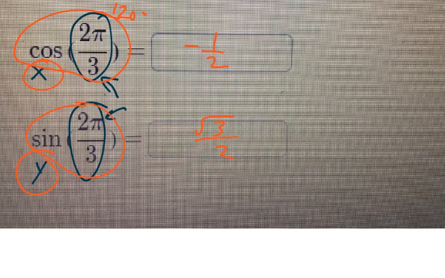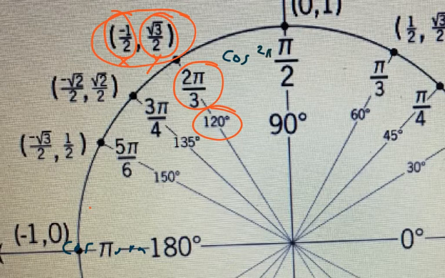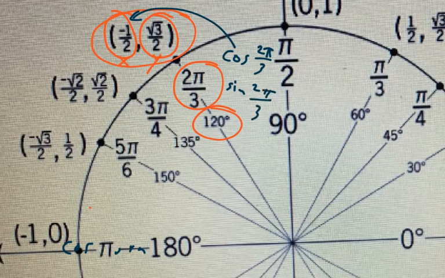Let's just verify one more time. As you can see right there, x was negative 1/2. Y is your sine, is square root 3 over 2. So what we actually calculated again, guys, is we figured out that the cosine of 2 pi over 3 is negative 1/2. We figured out that the sine of 2 pi over 3 is square root 3 over 2.